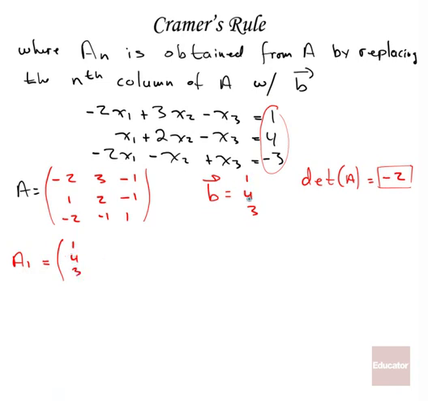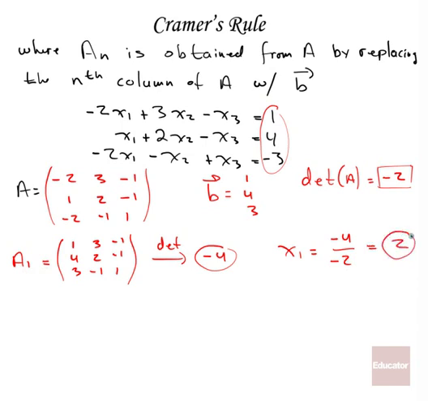When I take the determinant of that, I end up with minus 4. Therefore, x1 is equal to the determinant of A1, which is minus 4, over the determinant of A, minus 2, is 2. That's my final answer for x1.